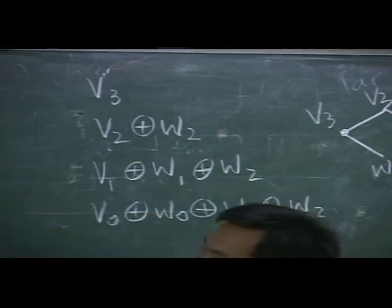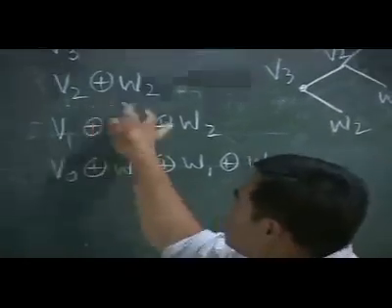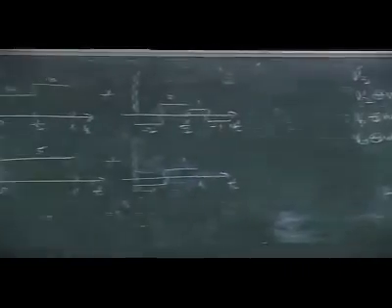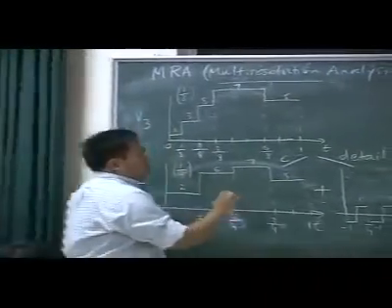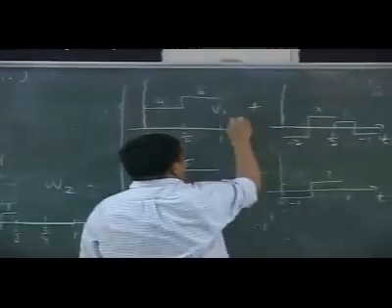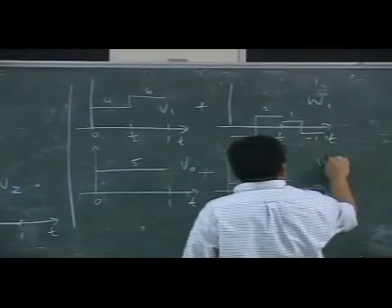I want to discuss the basis functions. You can see that the spaces are orthogonal, so when you add them together, you expand the whole space. So this is V3, this is V2, W2, V1, W1, V0, W0.